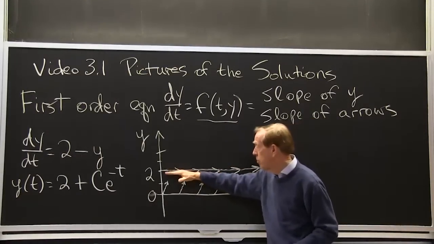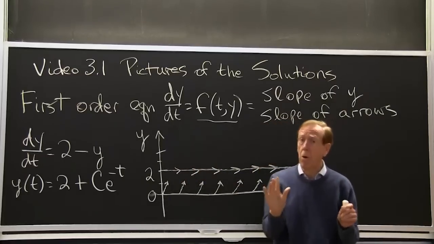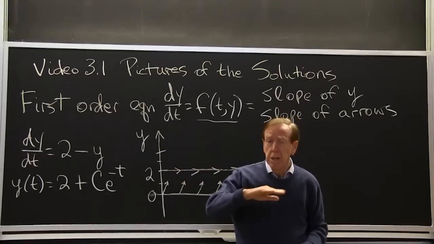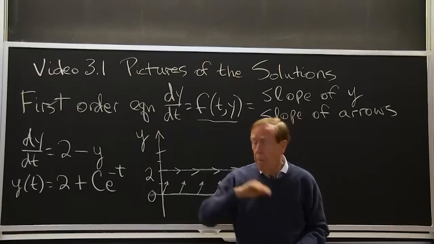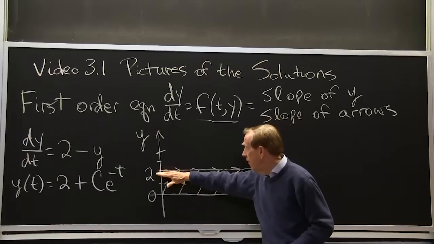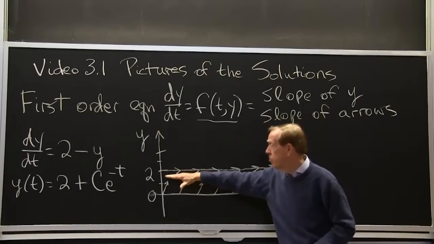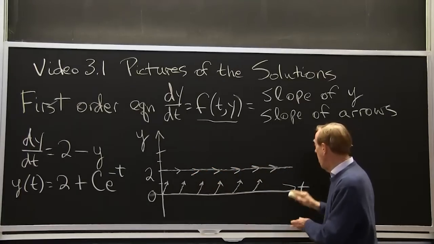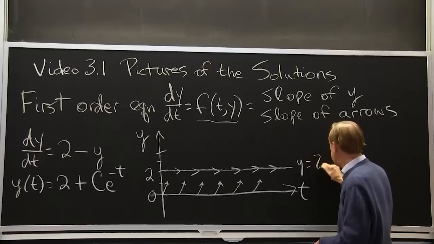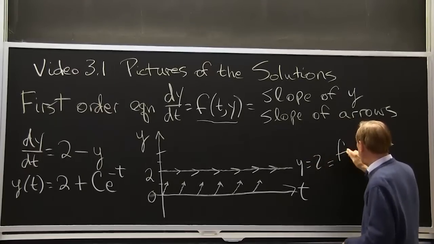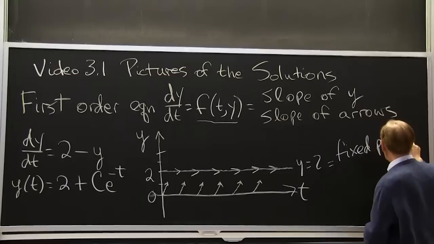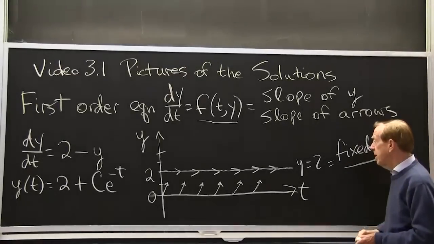And since the solution follows the arrows, that's the whole point. The solution follows the arrows because the arrows tell the slope. So if I'm on that line, the solution just follows those arrows and stays on the line. y equal to 2 is a fixed point of the solution, fixed point for the equation.